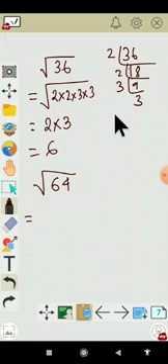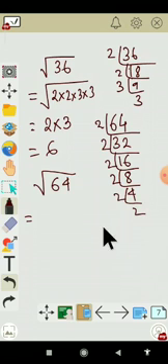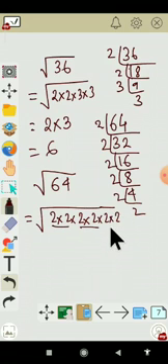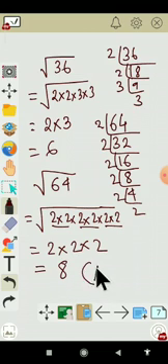For 64, how many 2's are there? In total we have six 2's. So write them down, and for each pair we will get one 2 outside the bracket, and the root will be removed. So we got 8. So 8 is the answer.